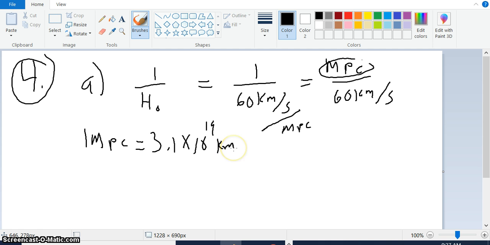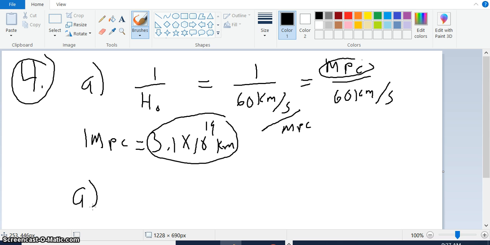Really what this amounts to is dividing the Hubble constant by this each time, and that converts it to seconds. For A, this is going to be the age of the universe in seconds. I'll convert it to years as well.